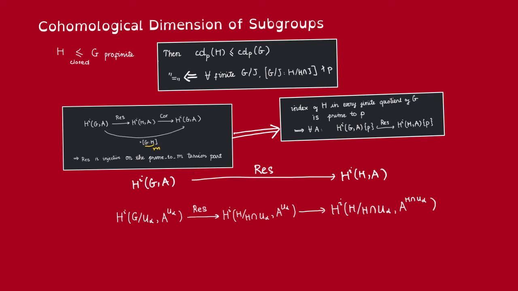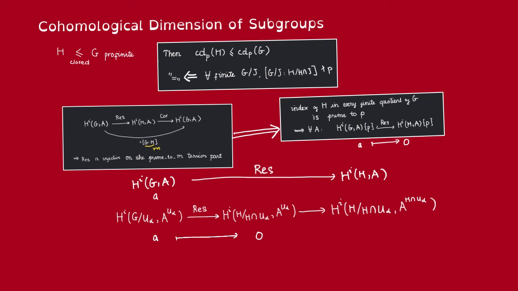So the restriction map was defined to be induced by the following restriction maps. So let's say there is some element in here that maps to 0, right? We want to show that a is 0. Because this cohomology group is a direct limit of this system, a must come from one of these, and we can shrink U alpha enough so that we can assume that a maps to 0 here.